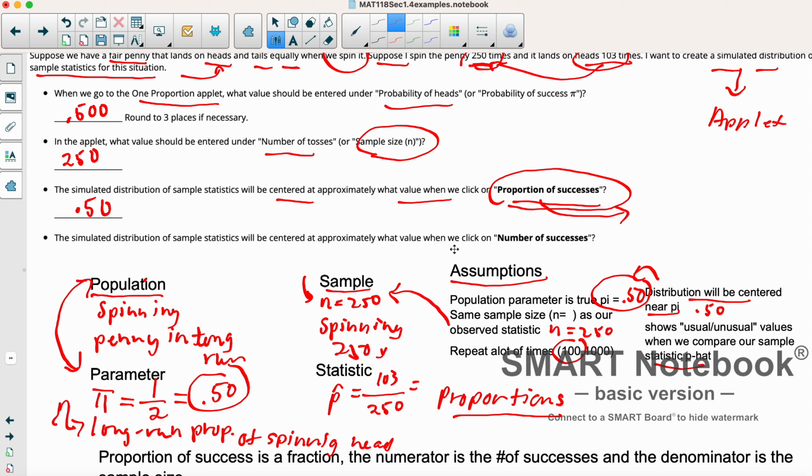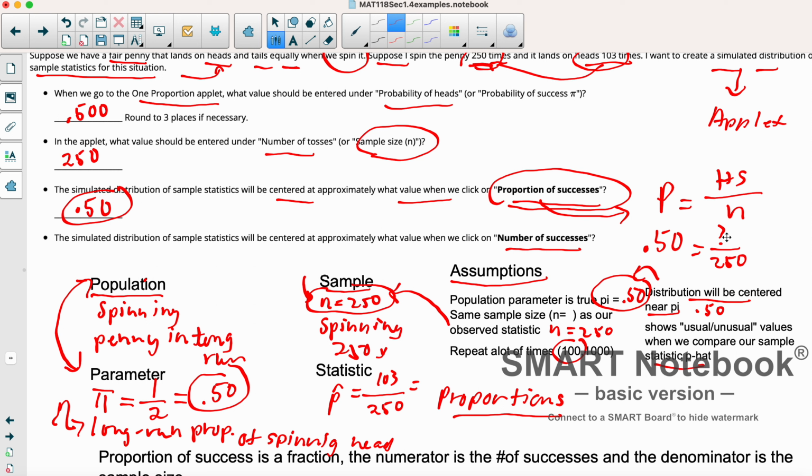If we switch to number of successes, what would that value be? Proportion of success is equal to number of successes divided by the sample size, n. In this case, the center is 0.5, so we put in 0.5 for proportion of success. We don't know what number of successes is, but we know n is 250.